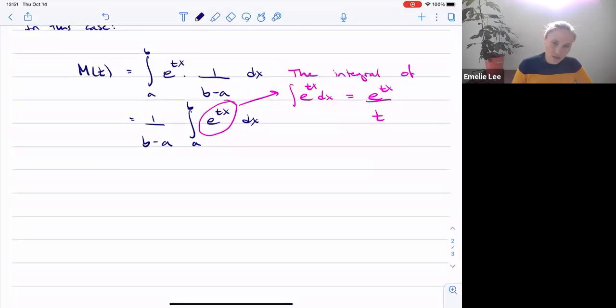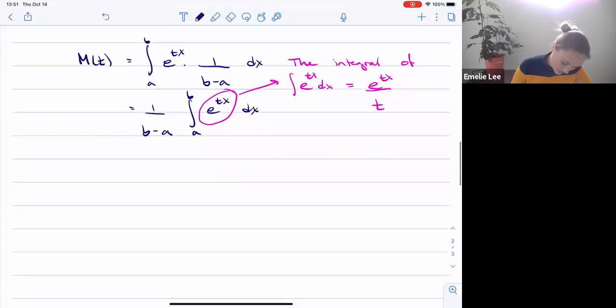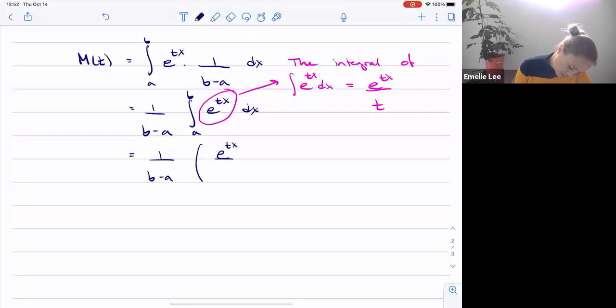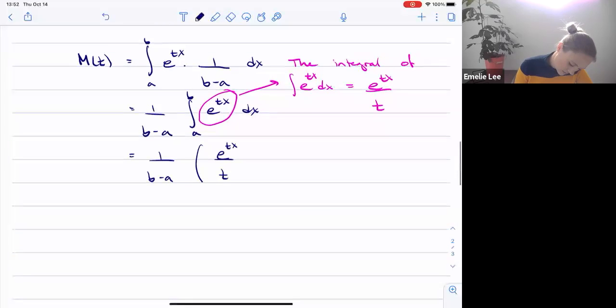So then when I integrate this, what do I get? Well, I get 1 over b minus a, and then times e to the tx over t from a to b.